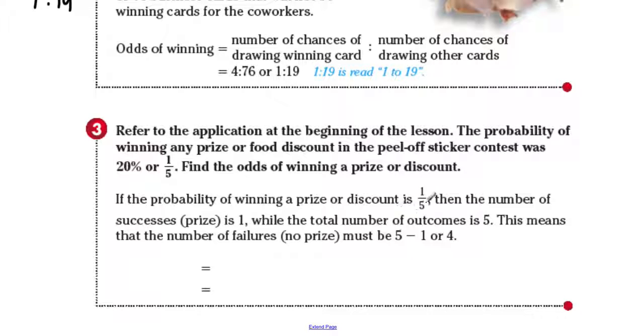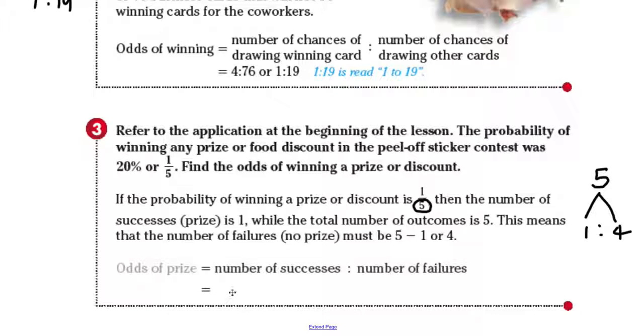You get the denominator of your probability, that is the total number of outcomes, and split it up. Since there is 1 possible success and 4 possible failures, the odds would be 1 to 4. Okay, so the odds of winning a prize would be the number of successes to the number of failures. In this case, it would be 1 to 4.